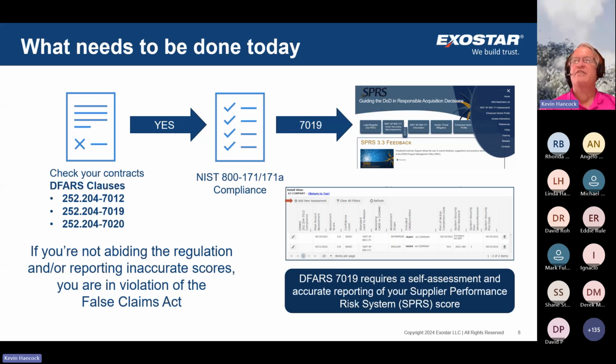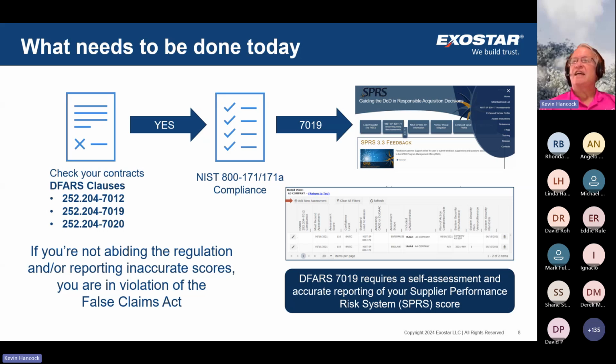One of those things was 7012. 7012 said that you must meet NIST 800-171 requirements around your company if you store, process, or transmit controlled unclassified information.